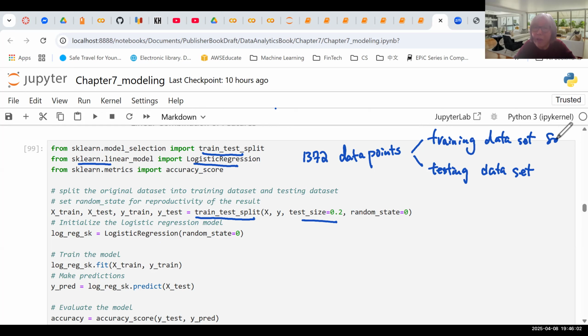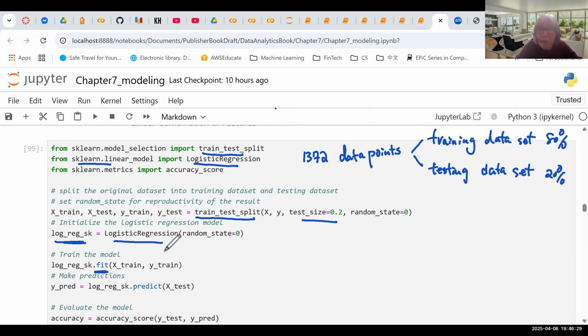So in this case, you apply 80% of the original data points to training and 20% to testing. After that, you create a logistic regression model. With this, the logistic regression model is already created.